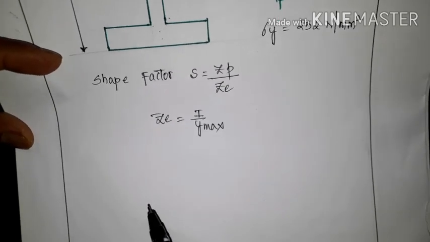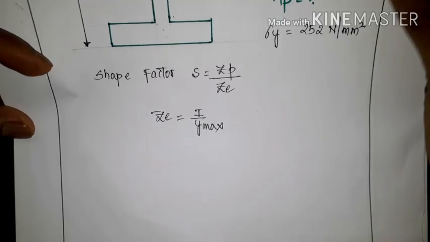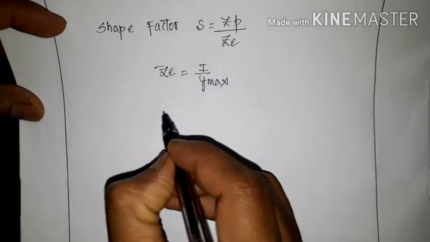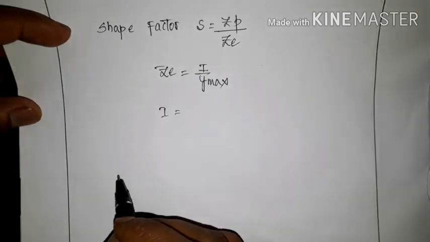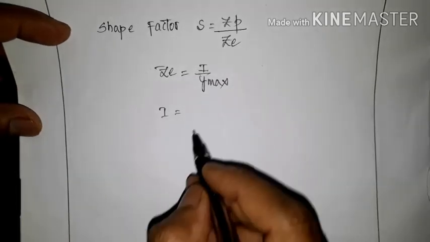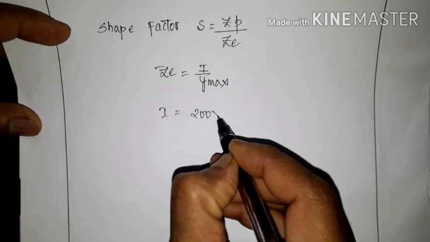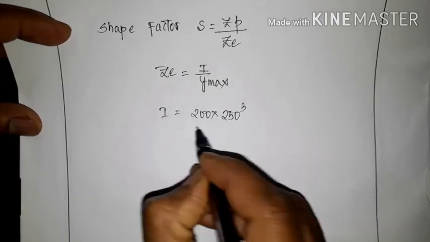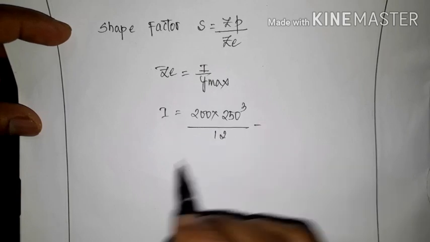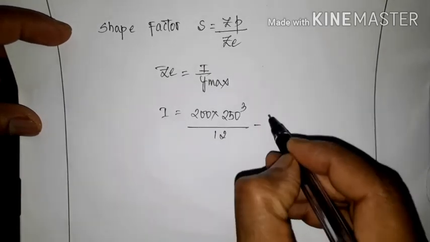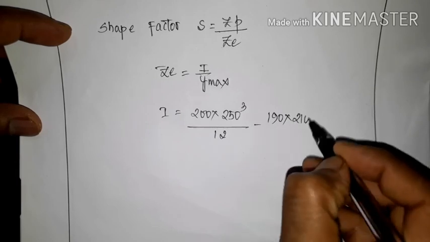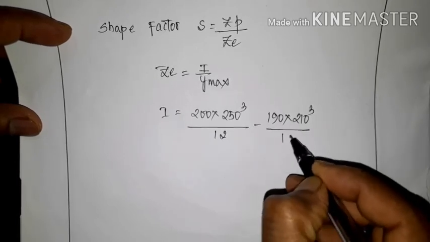So here again I is equal to, so that is 200 into 250 cube by 12 minus 190 into 210 cube by 12.